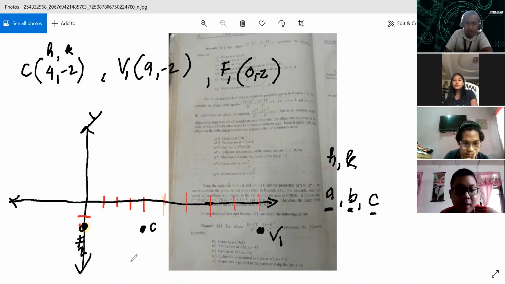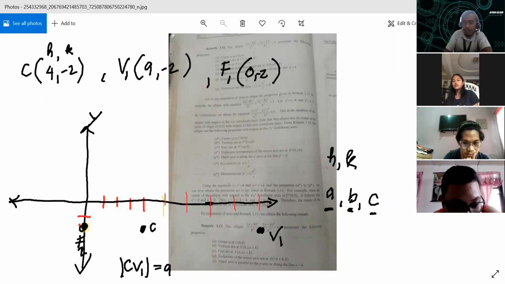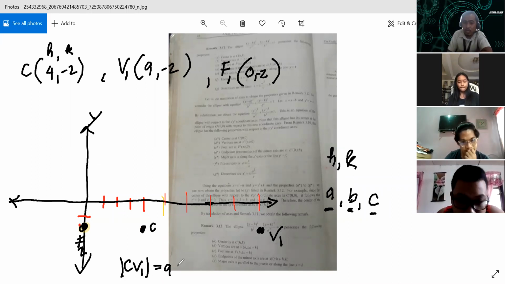The distance between C and any vertex is just your A. Got it? But in this case, you may actually use the distance between 2 points. Since your y is equal, you just have to get the absolute value of the difference of their abscissa.